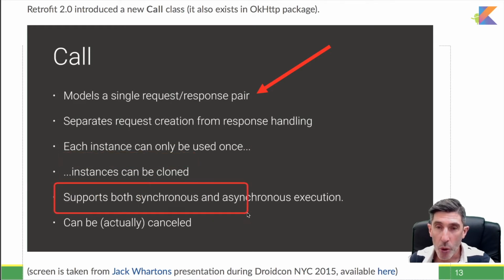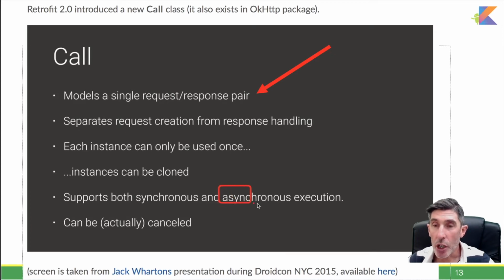It also supports synchronous and asynchronous execution. So if you feel that the calls might be taking quite a long time, maybe you're wanting to download a video or something, you could run it asynchronously, and it can actually be cancelled.